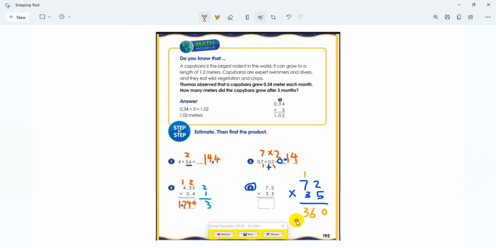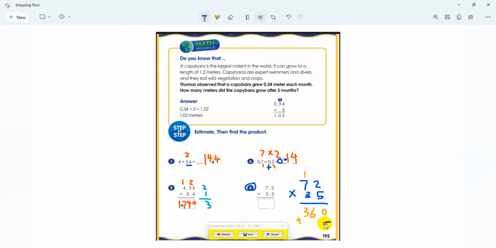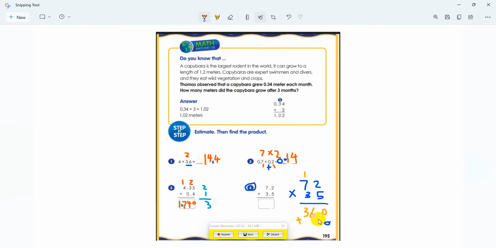Then we put a plus sign here. Then we multiply the 3, but 3 is in the tens place, so we put 0 before multiplying by 3. And then we multiply 3 by 2 equals 6, and 3 by 7 equals 21. We put the 21 because we haven't any numbers left.